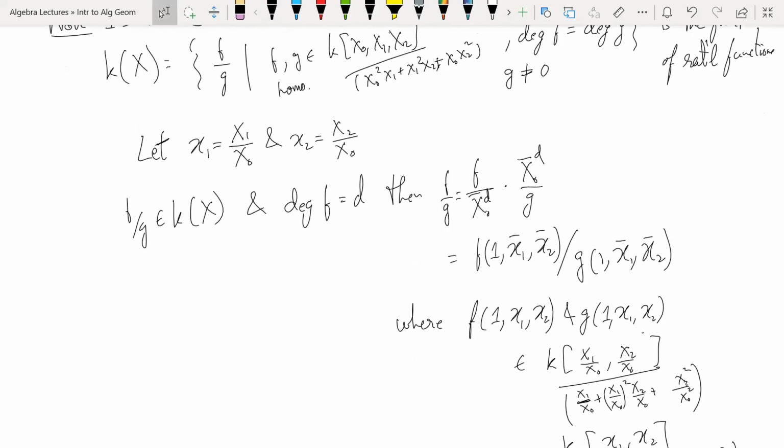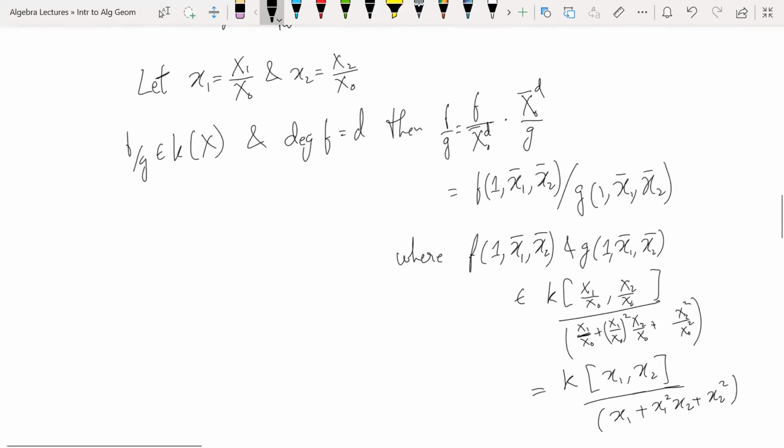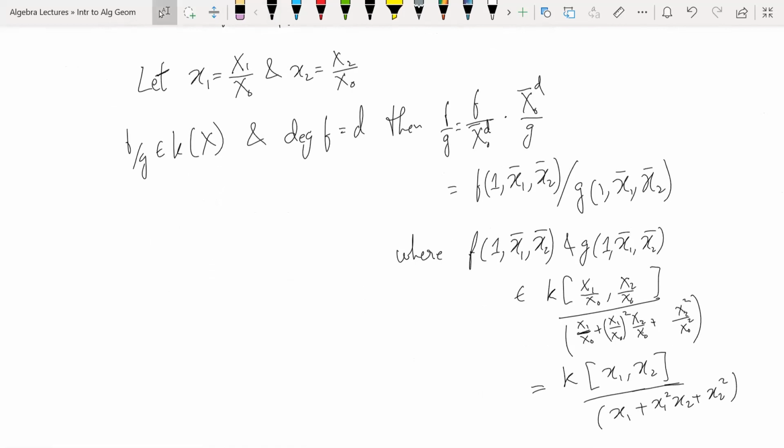So maybe I should write it this way, put bars here. If we had taken some representative of little f, capital F, then it will be in without bars, but we are working here.